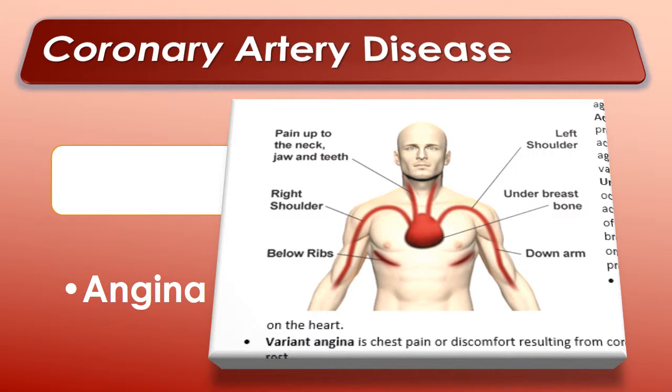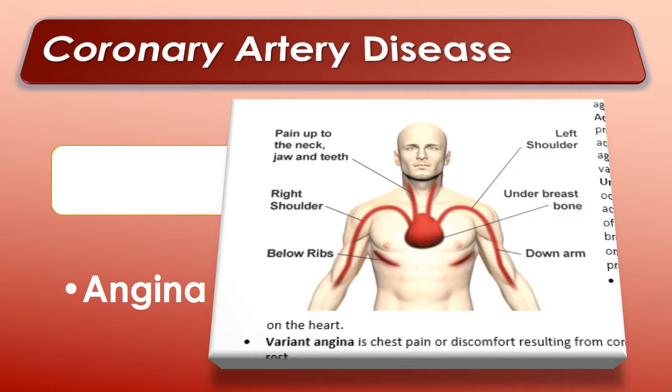Unstable angina describes a broad spectrum of disorders, including new onset angina, variant angina, Prinzmetal's angina, and pre-infarction angina. You should be able to read more about this in your textbook. New onset angina describes a patient who has his or her first angina symptoms, usually after exertion or other increased demands.